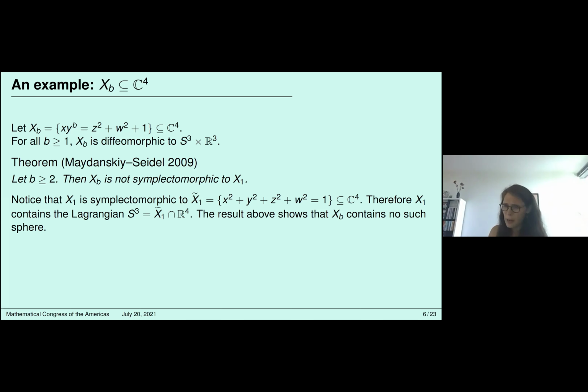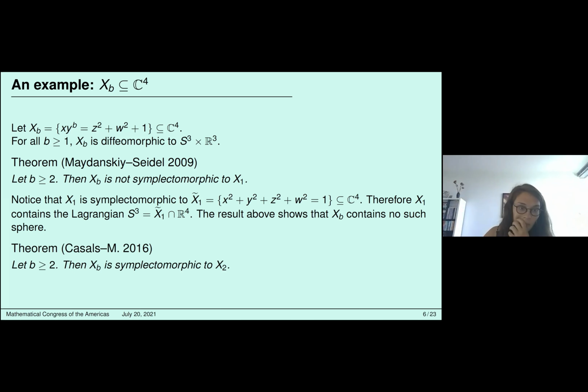However, the other Xb's contain no such thing, which is what Maydanskiy and Seidel's theorem is proving. However, that distinction completely disappears with the higher b's. If you look at X2, X3, X4, X5, those are all the same manifold symplectically. They're all symplectomorphic to each other.